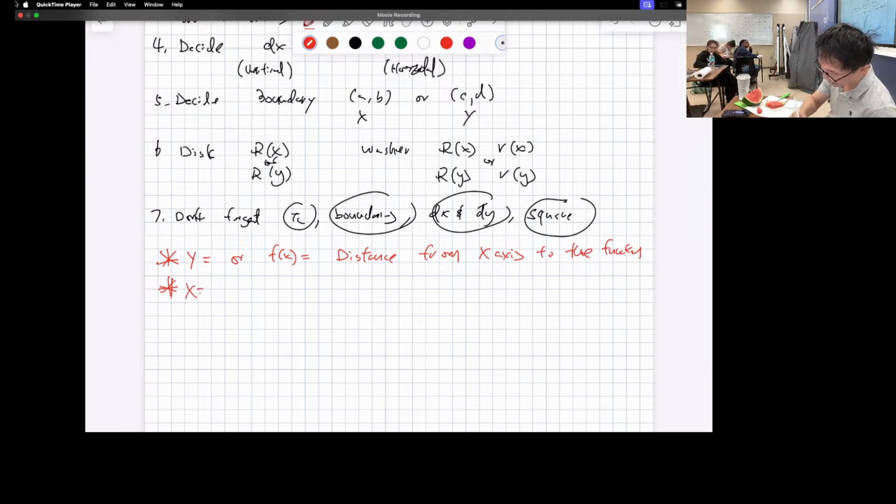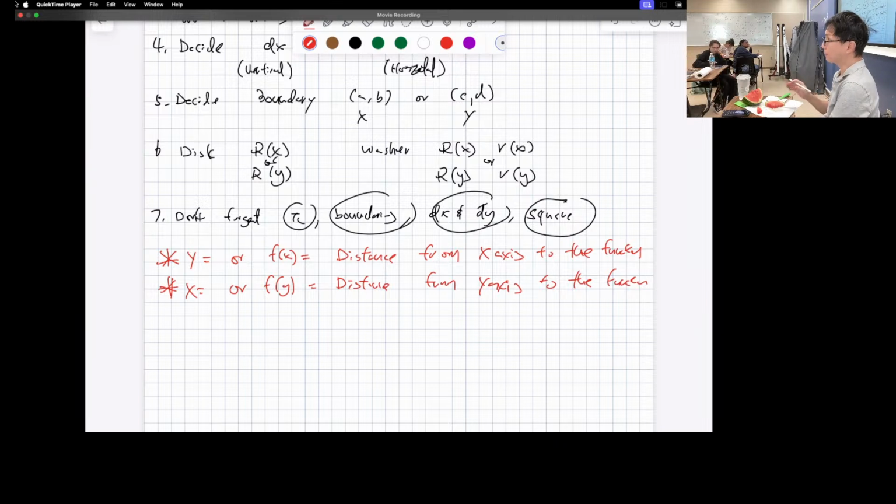If you have x equal to, or f of y equal to, that means the distance from the y-axis, usually from the axis to the function. This is the breaking point, the part that most people struggle with. This is the part that you have to draw. Make sure you draw it correctly. It will help you solve the problem. A correct drawing will solve the problem.